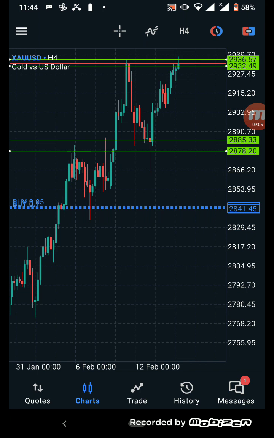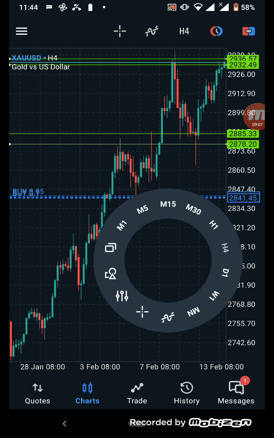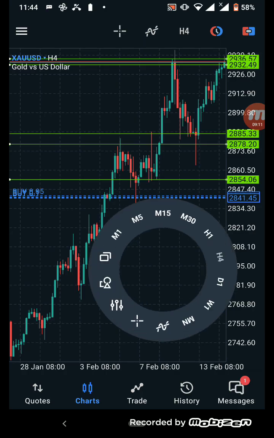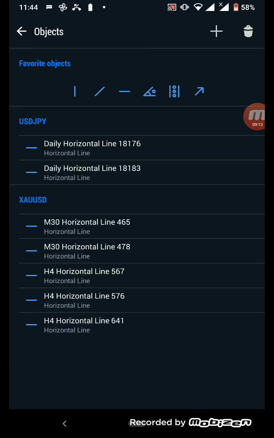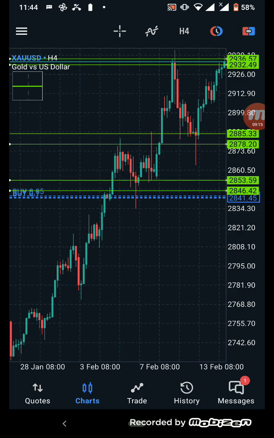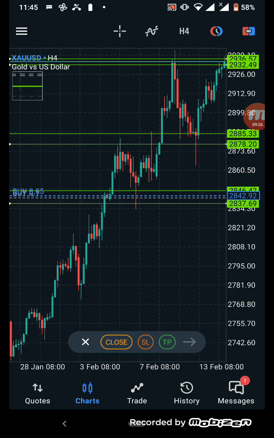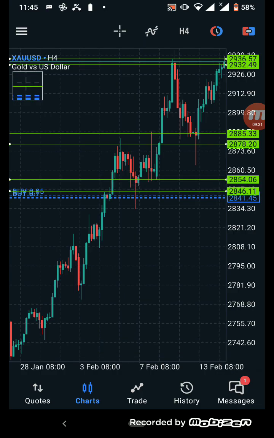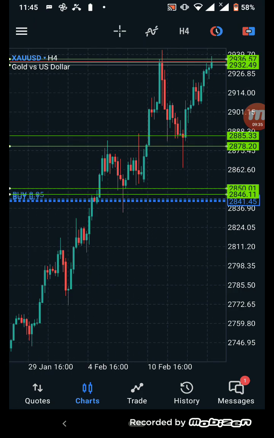When you look at previously again, right here, the market was moving upwards, decided to come down, reached this place and bounced back. This also becomes our support zone.